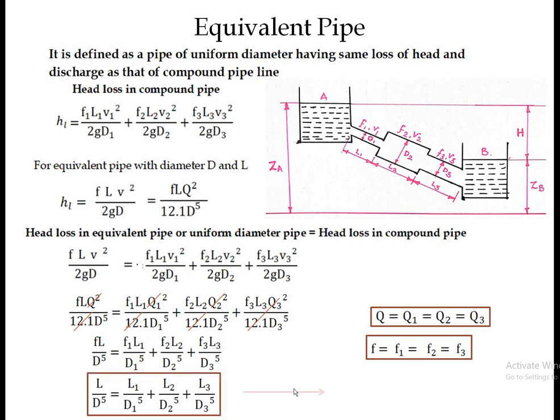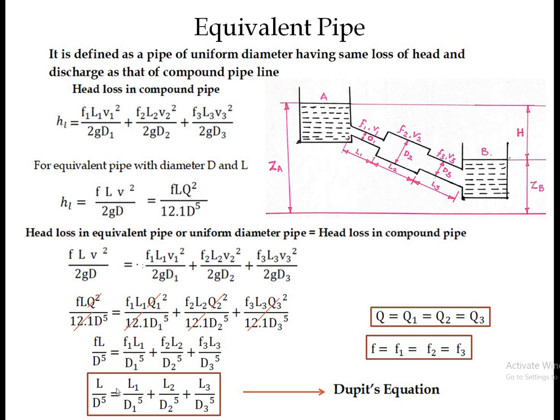This equation is known as Dupuit's equation, and it is a very important equation. When we want to replace the compound pipe by an equivalent pipe and find the length and the diameter, this equation is very useful. If we decide the length for the equivalent pipe, it is obviously L1 plus L2 plus L3, the total length between the reservoirs.